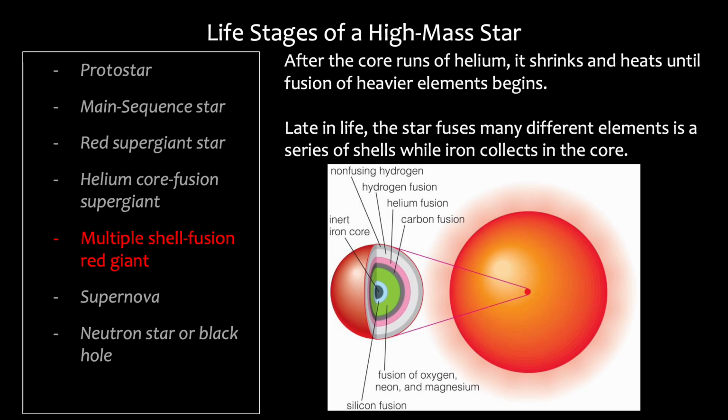Near the end of its life, regardless of the star, the star's central region resembles an onion with layer upon layer of shells fusing different elements, but with a central core of a single element. Now during the star's final days, if we talk about massive stars, it is fusing silicon into iron.